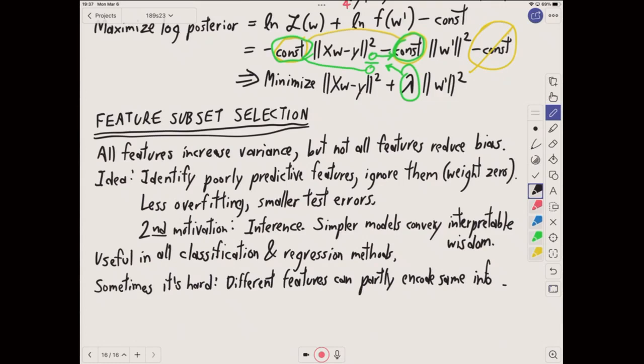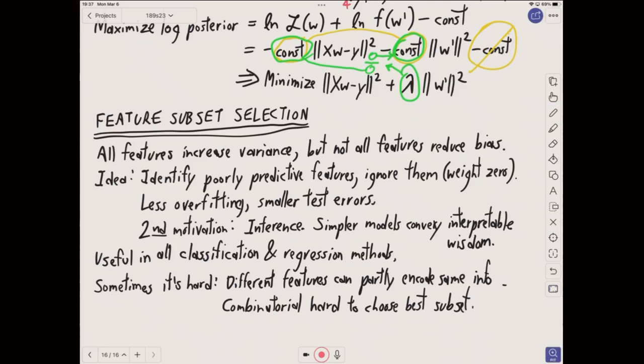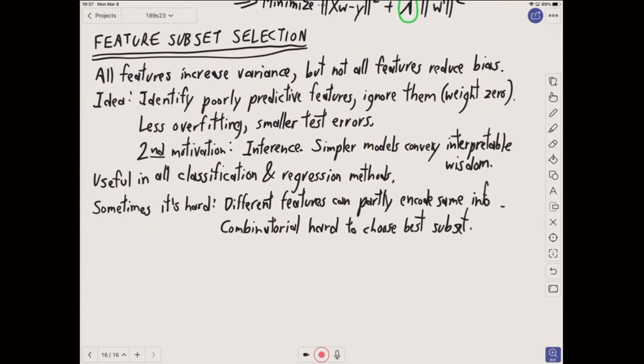And when true, it's actually combinatorially hard to choose the best subset of features in polynomial time. And so there's several algorithms that people use as heuristics to try to approximate a good set of features, but won't necessarily find the optimal set of features.